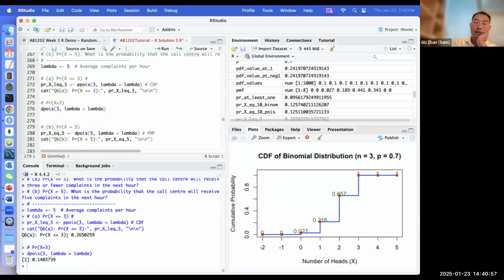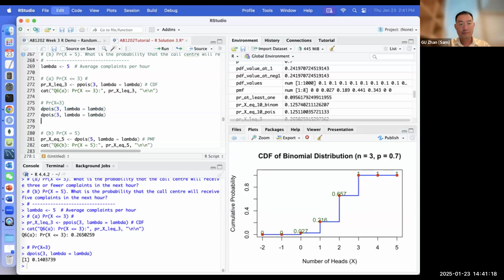So the cumulative distribution function's value will definitely be higher than x equal to 3 because the CDF contains x equals 2, x equal to 1, and x equal to 0 as well. 3, 2, 1, 0.